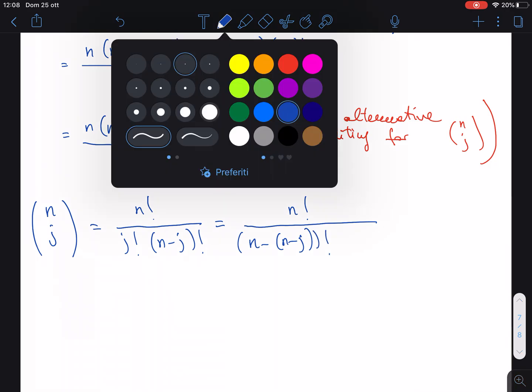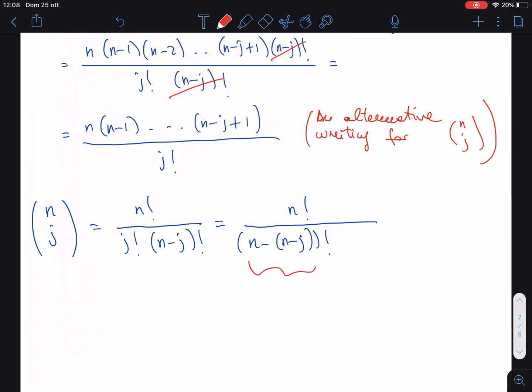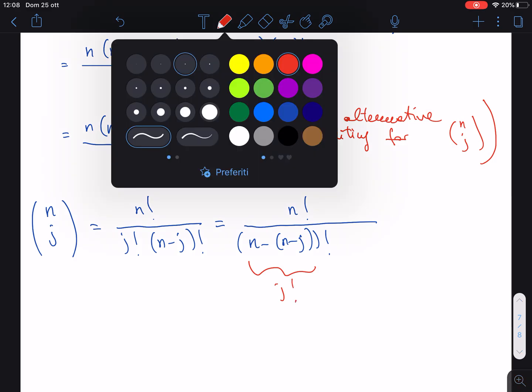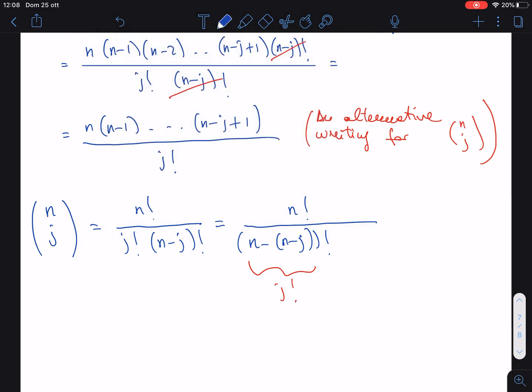This is a Baroque way of writing j factorial. And here n minus j factorial.